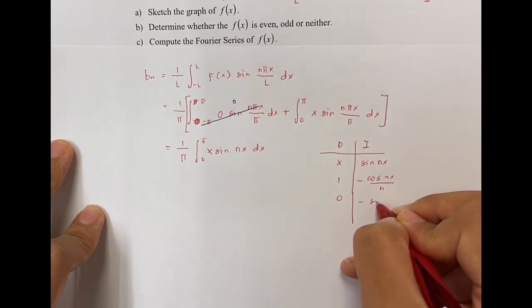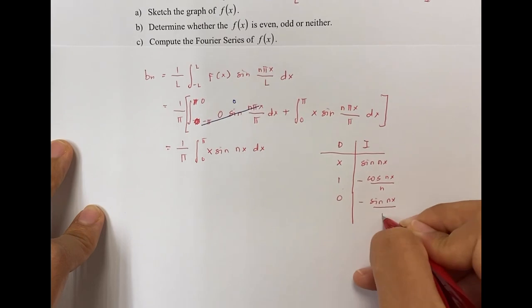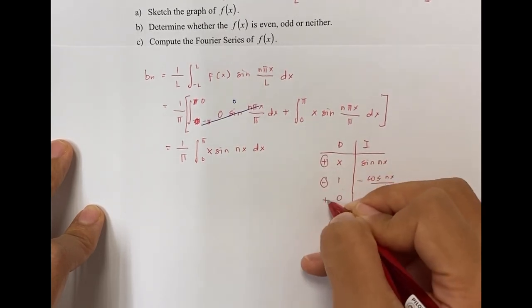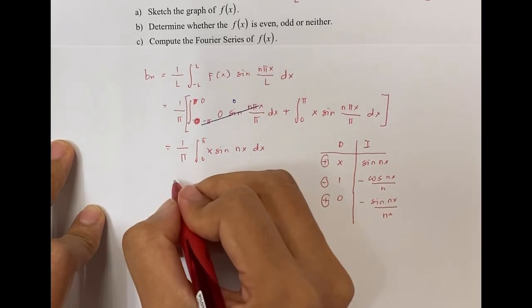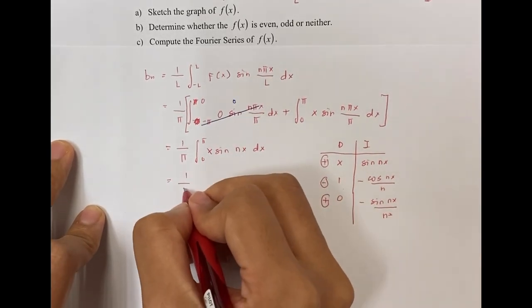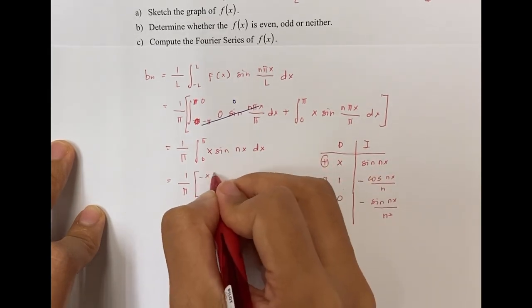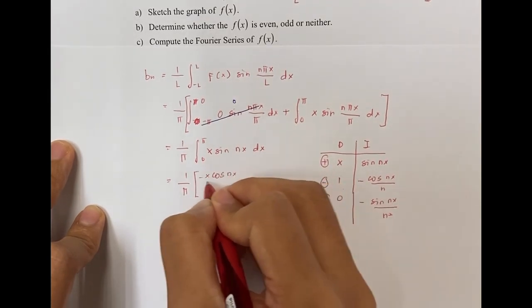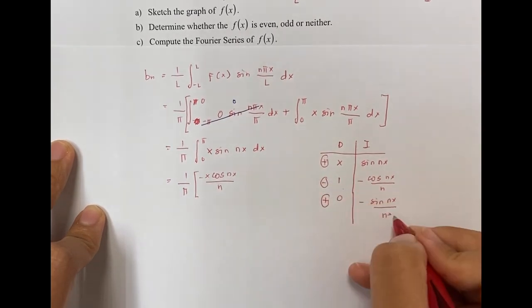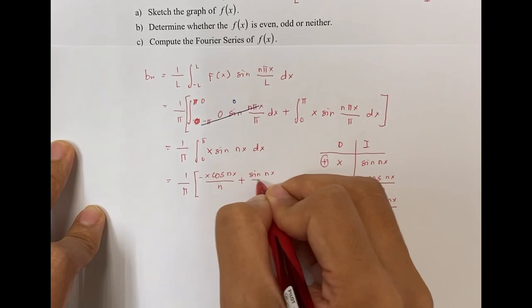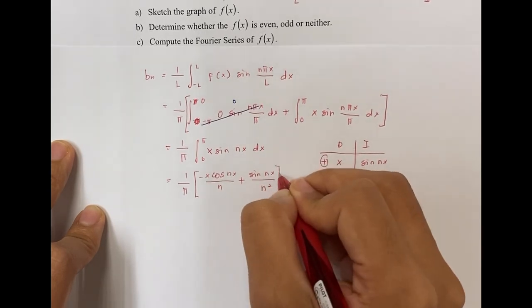We have negative sin nx over n squared. Plus, minus, plus. Okay, 1 over pi, negative x cos nx over n, then plus sin nx over n squared.